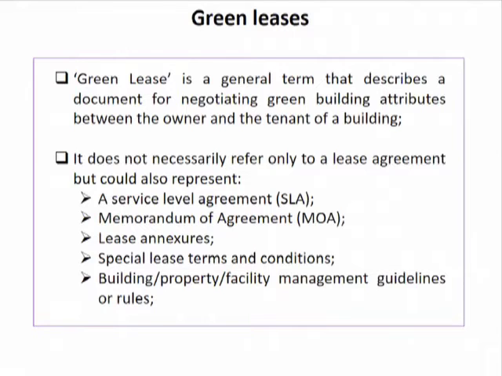This is a lease where both the tenant and the owner agree to work together to save energy, for example, or to limit the environmental impacts of that building as much as possible. It is not necessarily a formal lease.